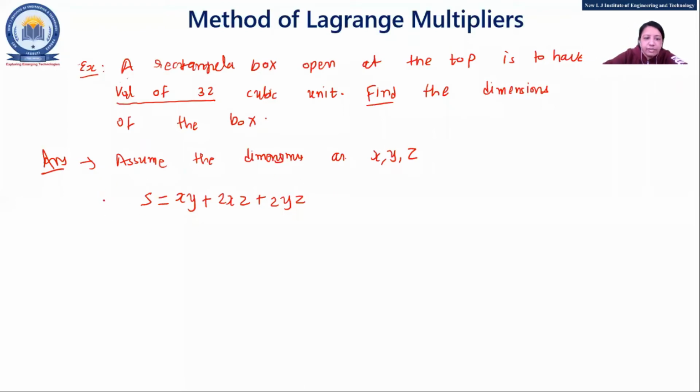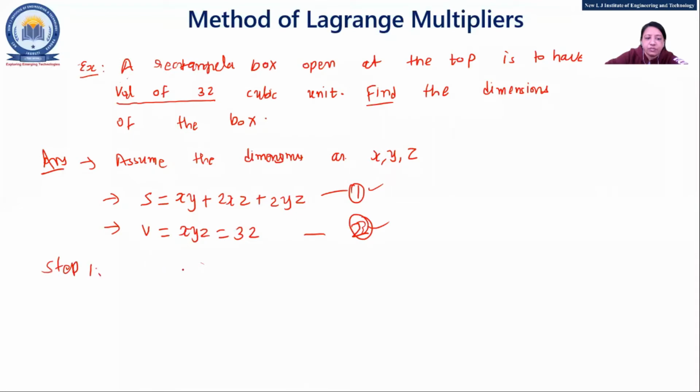Now this is the surface, and the next thing is the volume, which is 32, with dimensions x, y, z. So the volume V equals xyz equals 32. Suppose this is my equation 1 and this is equation 2. So I have two equations: this is f, and this is the relation.